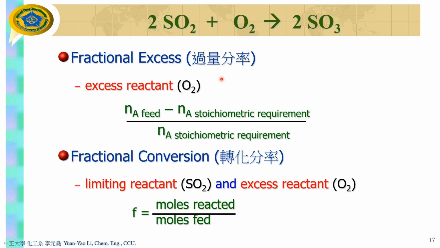But for the fractional conversion, it can be SO2 or O2, so it can be the limiting reactant or the excess reactant. So if I ask what is the fractional conversion of oxygen, that will be the question, right? Or the fractional conversion of the SO2.